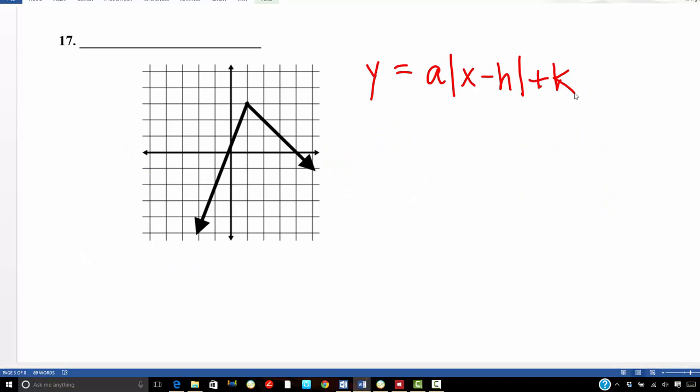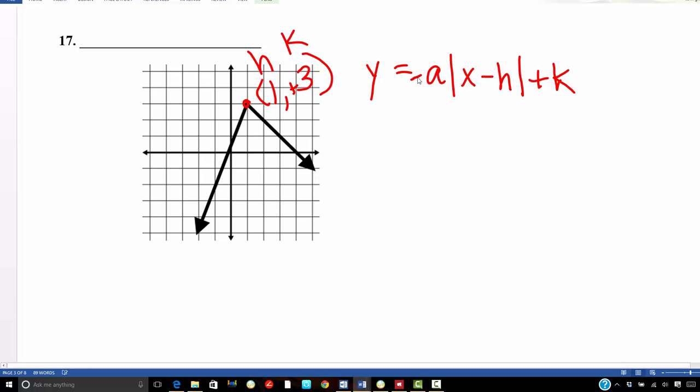But we need to find the vertex, just like the last one. The vertex is the point, what is that, 1, 3? 1, +3, not -3. So that's our H, that's our K. This graph is facing down, so that means the leading coefficient in this problem is going to be a negative.